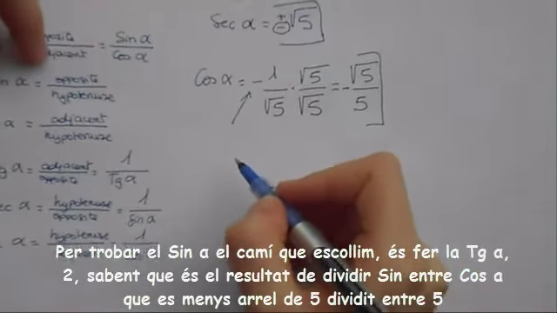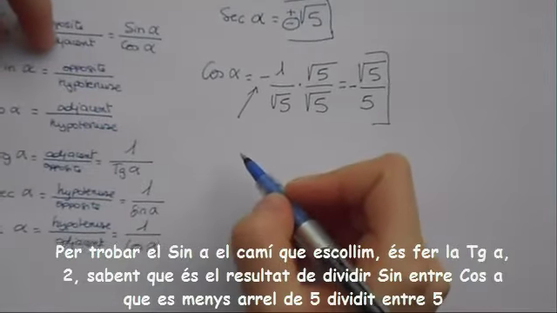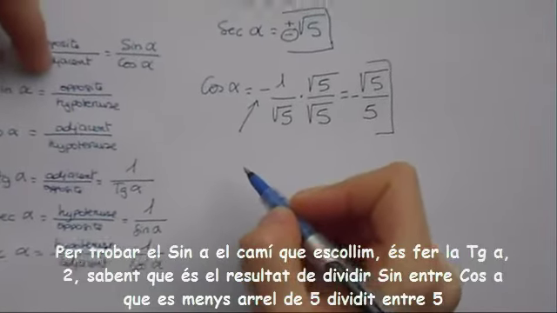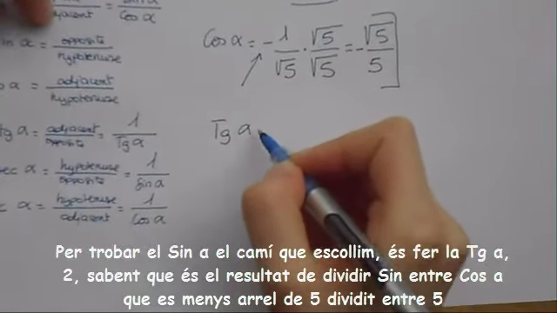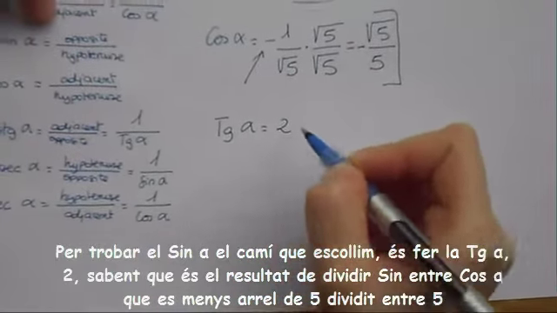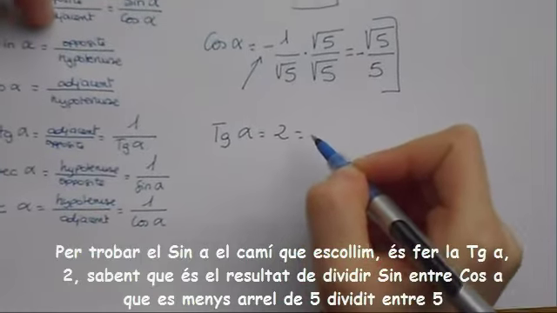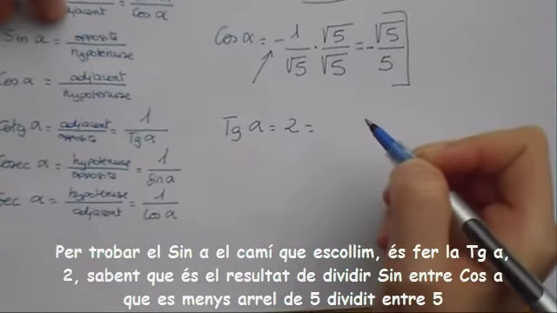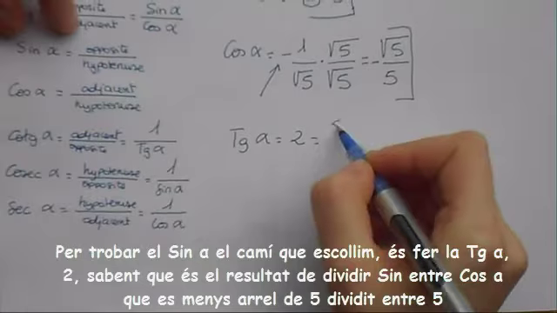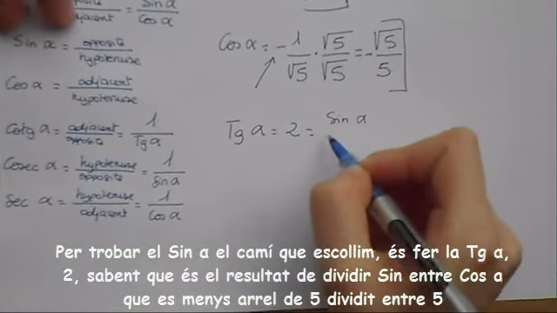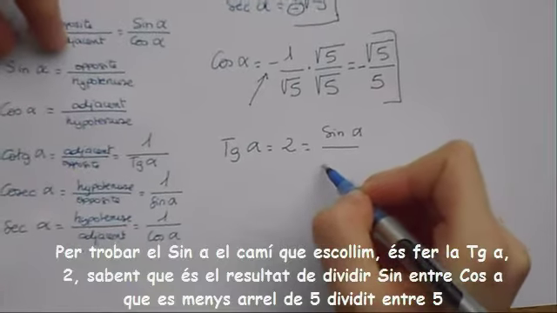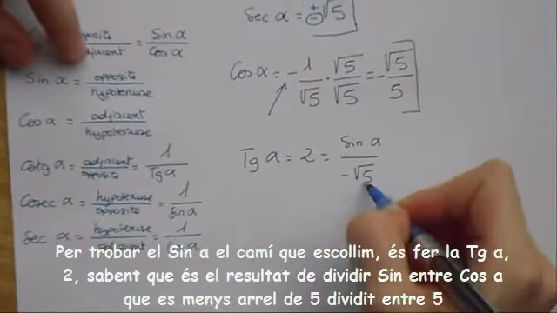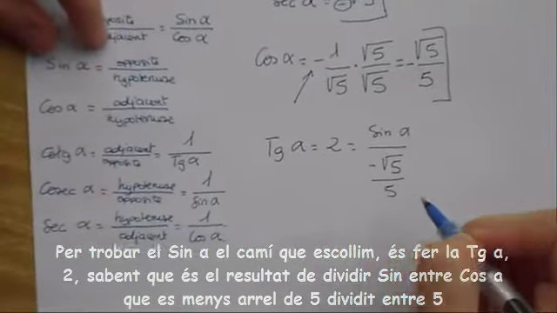To know the sine alpha, the way we choose is to write tangent alpha, which is 2, knowing that the result comes from dividing sine of alpha by the cosine alpha, that is minus root of 5 divided by 5.